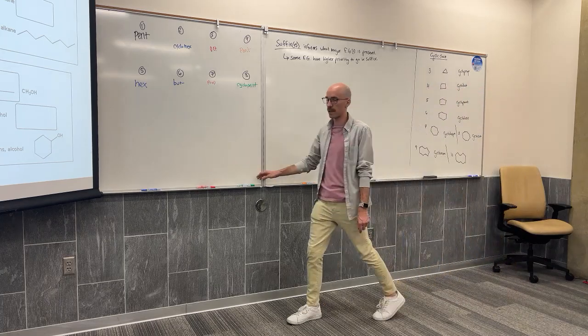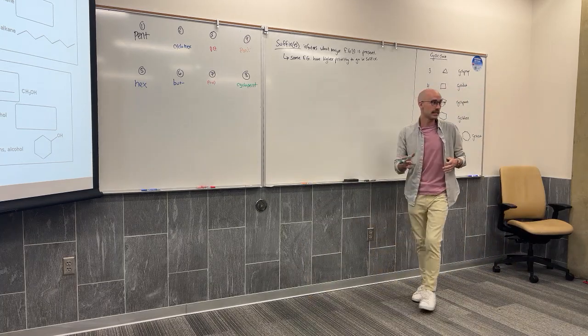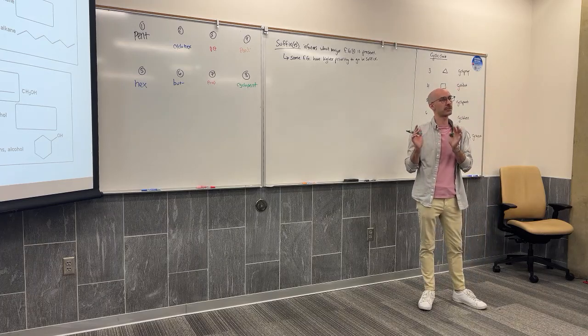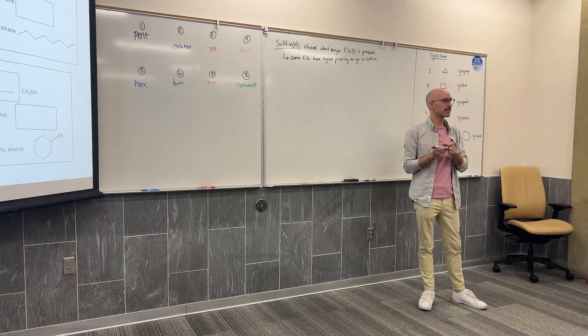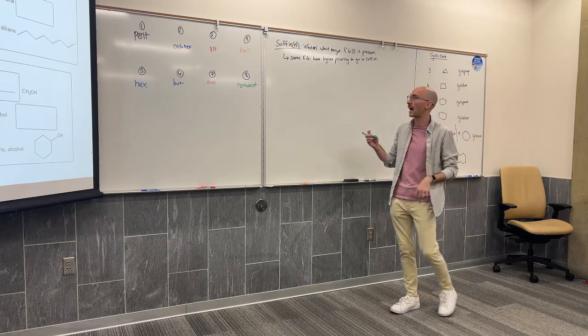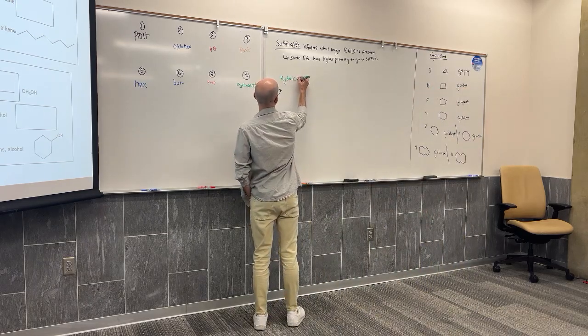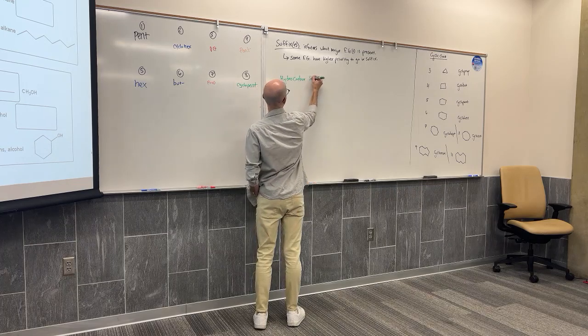Now, in my opinion, the best way to really analyze this is to look at suffixes and suffix modifiers, or suffix stoppers. Things that take the suffix that's based on the hydrocarbon and modifies it. So, hydrocarbon suffixes.